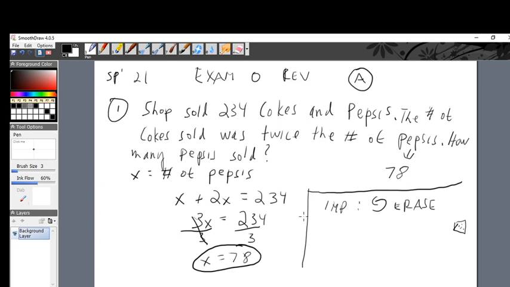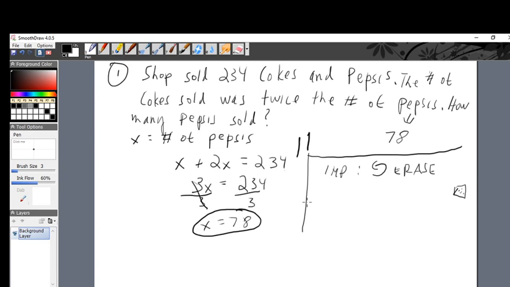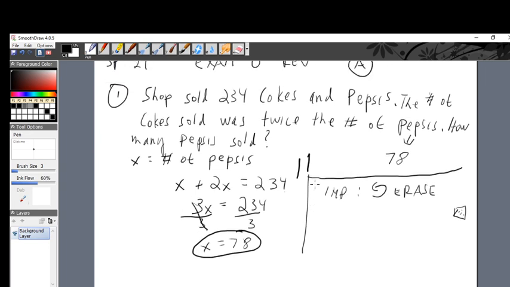Okay, let's move down and do some more stuff on this piece of paper. Hold on. Sorry about that. No, there's no use.